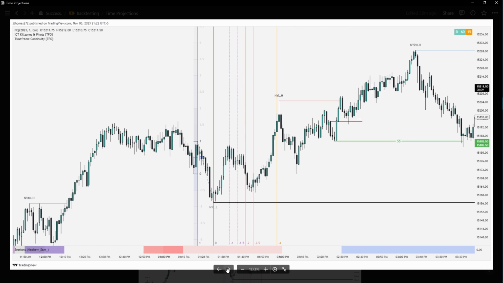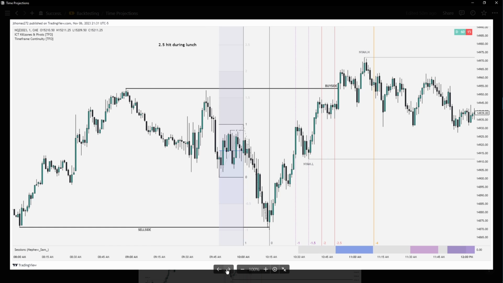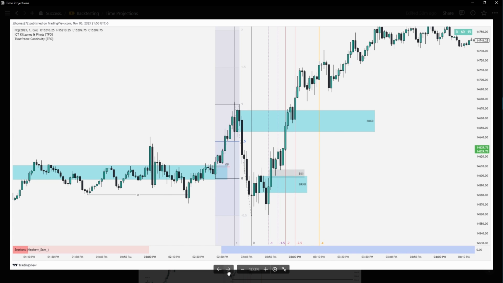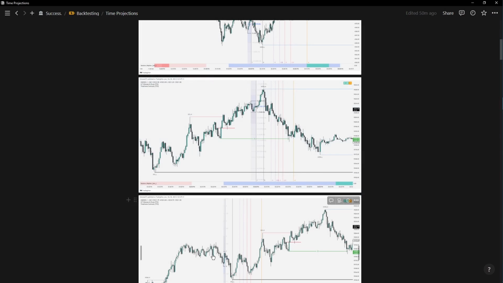So it's specific to MMXM and 2022 models, but when you can apply it right, it's pretty powerful because you can know exactly when you enter, know exactly when to exit, and if it doesn't reach those objectives, then you can start being worried about whether you want to be stopped out or just close out the trade.